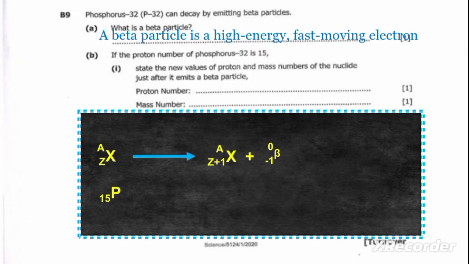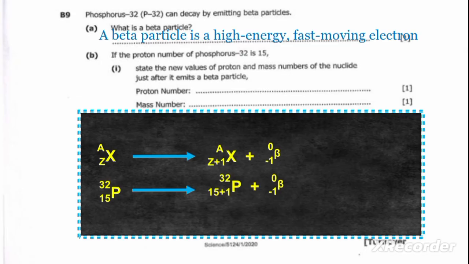Where there is X, we are going to write P. The proton number of phosphorus is 15. The mass number is 32. Remember, the number of protons will increase by 1, the number of neutrons will reduce by 1, and the mass number will be maintained. Nothing will change.